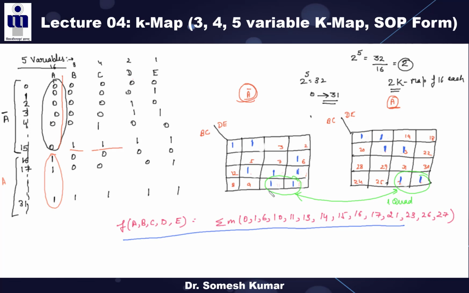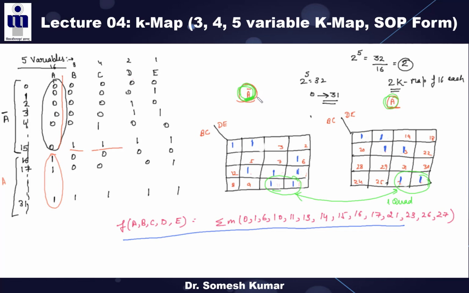See, both are at the same location. It means D, E and this one D, and what is the difference? Of one bit only. A and A bar. See, at this position, both are in different K-maps, but they are making one quad because both these positions are at the same positions, but they have a different one bit.